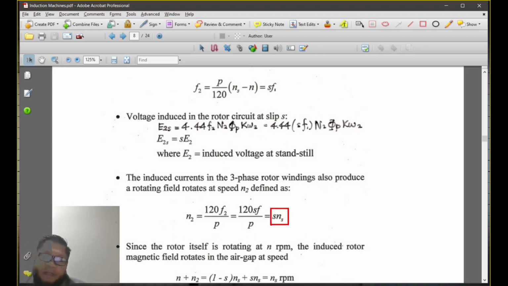synchronous speed. The rotor rotates with the speed of N. Remember, the rotor rotates with the speed of N. Why does it rotate with the speed of N? There is a rotating magnetic field that also rotates with the fraction S of Ns.